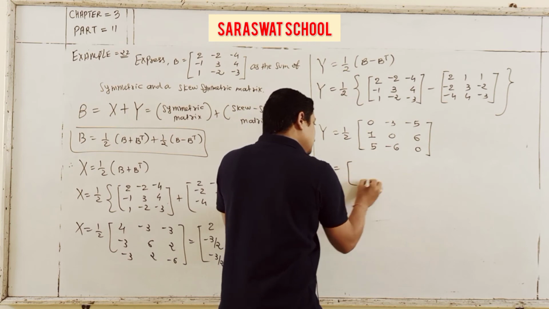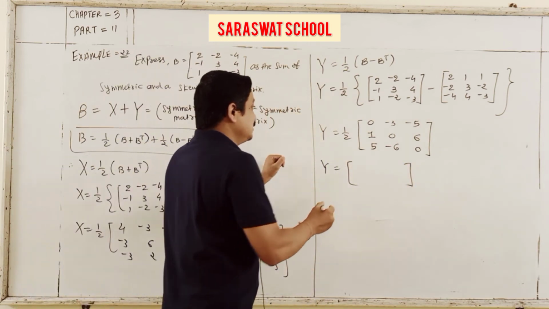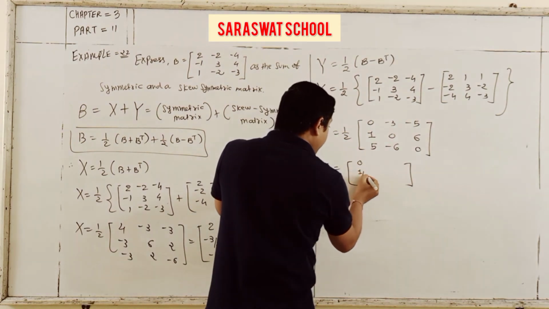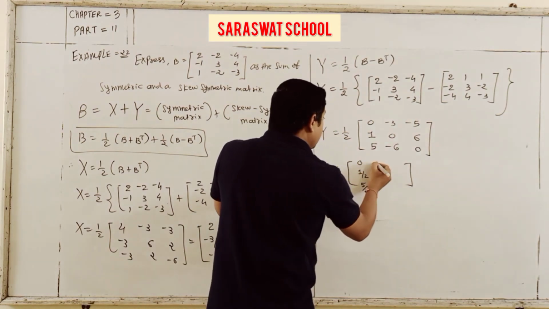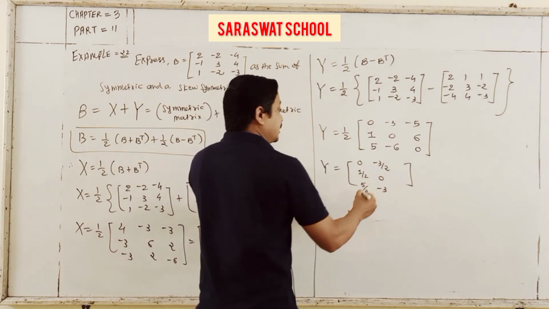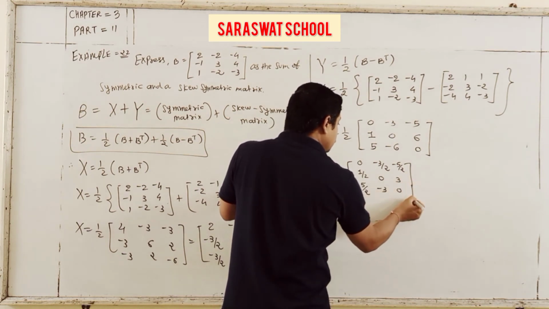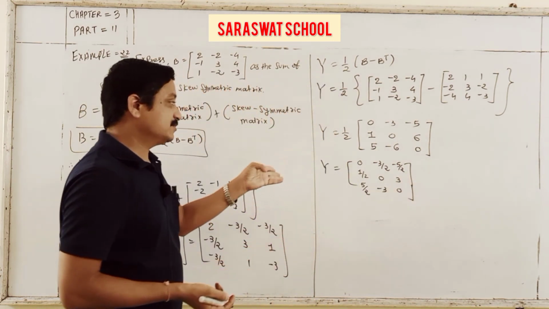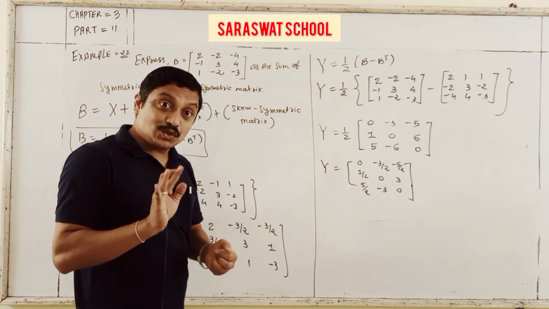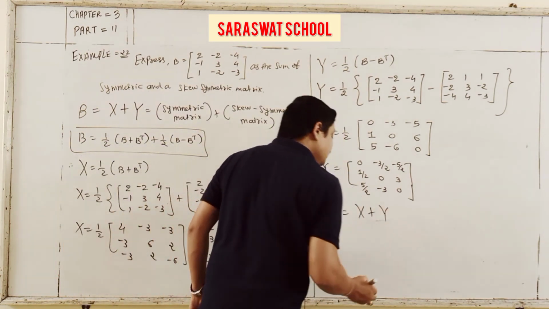Now divided by 2. It's a very easy process. So here 0, half 5 by 2, minus 3 by 2, 0, minus 3. Next minus 5 by 2, 3 and 0, minus 5 by 2, next 6 by 2 is 3 and it is 0.